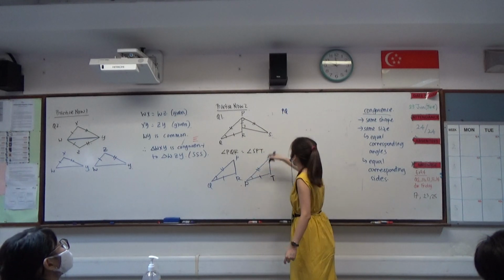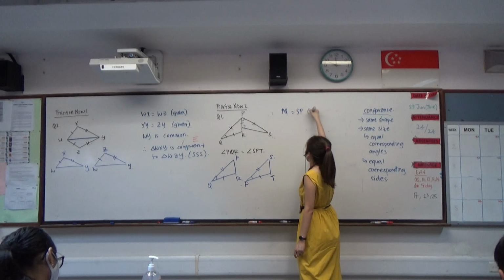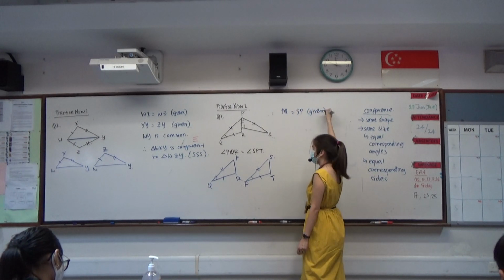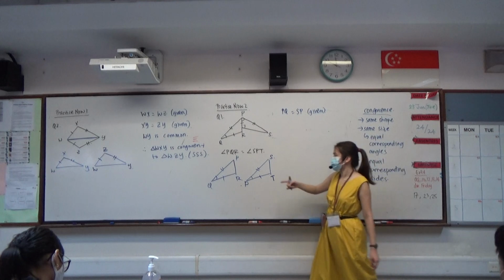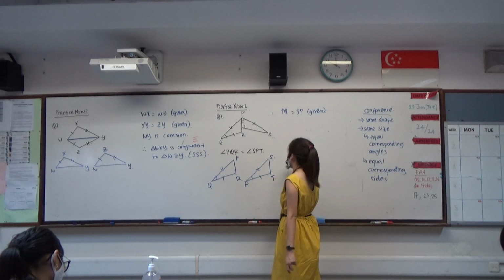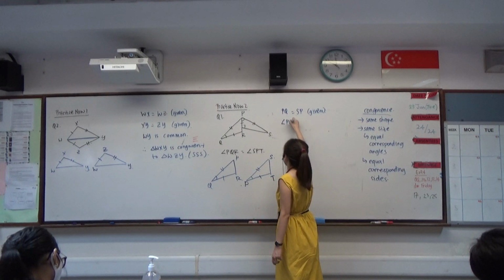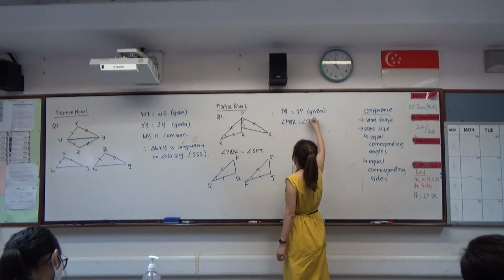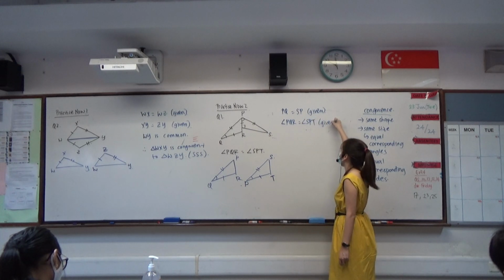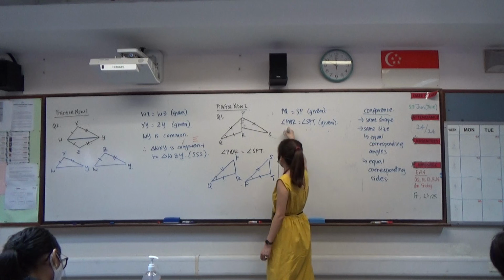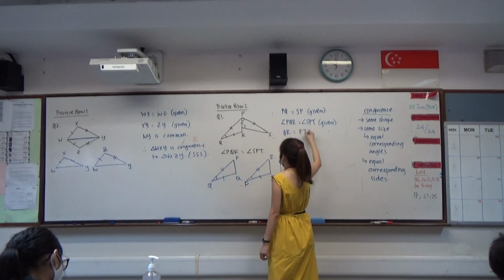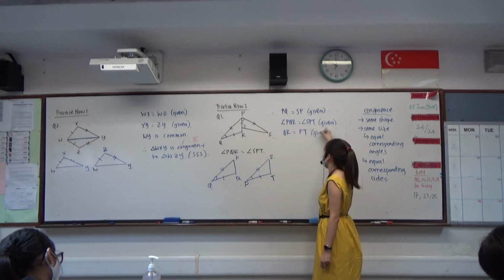PQ is equal to SP because that is given. And we see the angle PQR is equal to angle SPT. Likewise, that is also given. And then QR equals PT, which is also given.